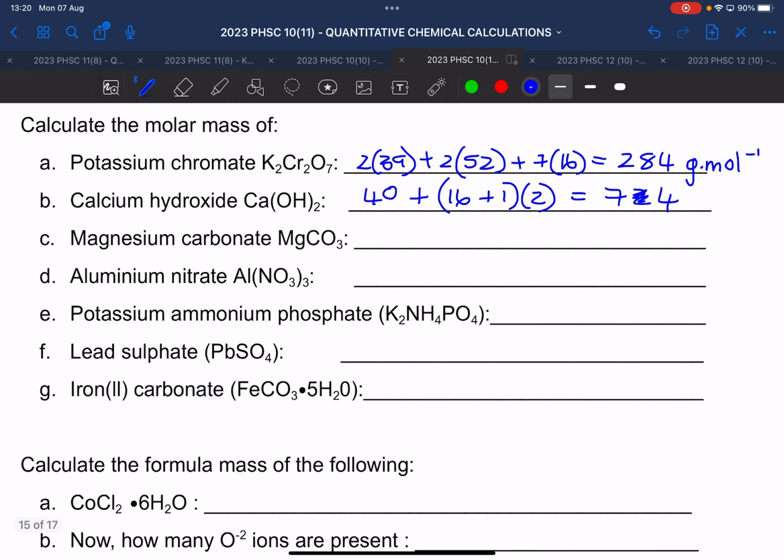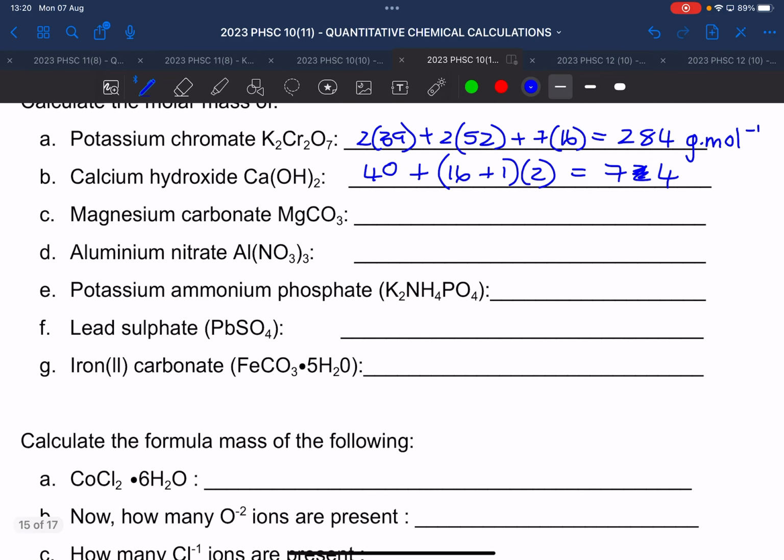Okay. Right, next one, magnesium carbonate. Yes, Carlo. Magnesium 24 plus carbon 12 plus 3 times 16, which is oxygen, equals to 84. Okay, next one. 27 plus 3 and then in brackets 14 plus 3 brackets 16, close the big brackets, which will equal to 213.